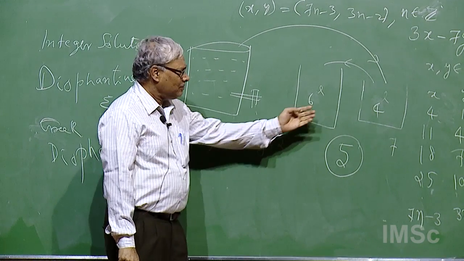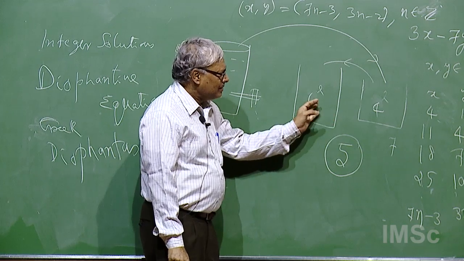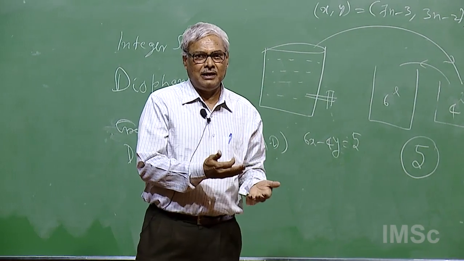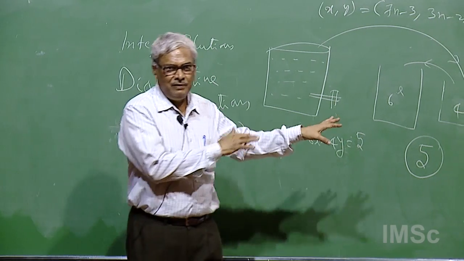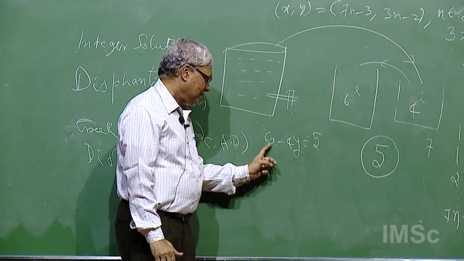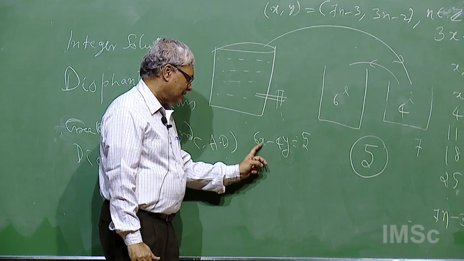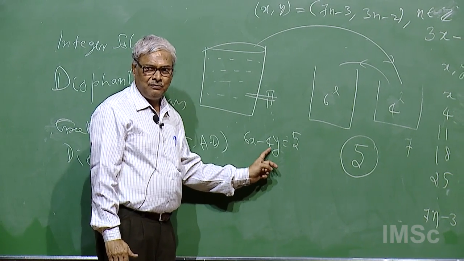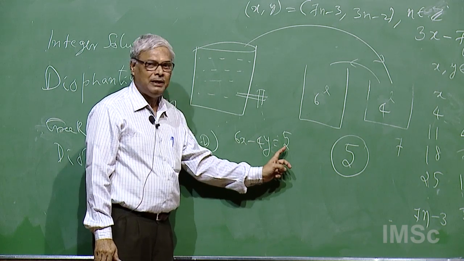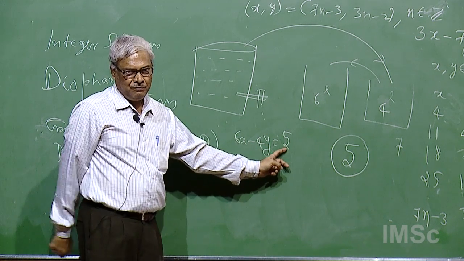Since these are even numbers, whatever transfers you make at any time, you will be left with only an even number of liters in either of the cans. Or if you look at this equation, 6x is an even integer, minus 4y is also an even integer if x and y are integers. Therefore, the difference will be an even integer, so it cannot be equal to 5.